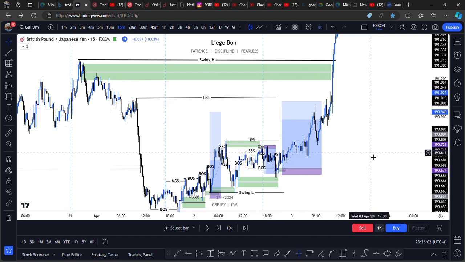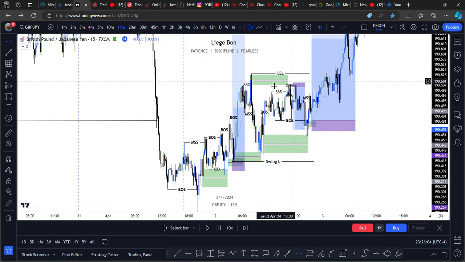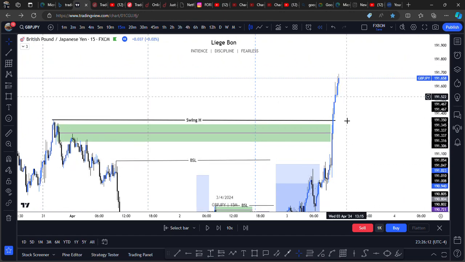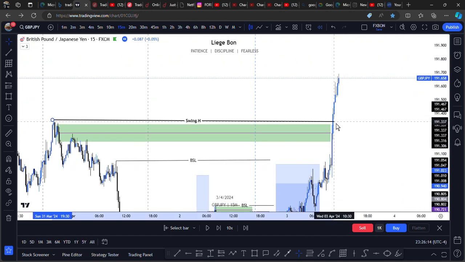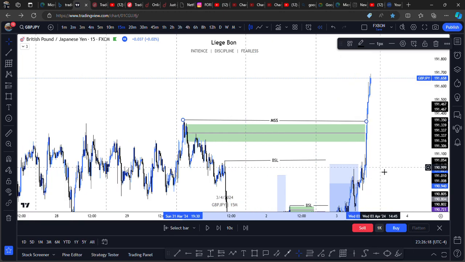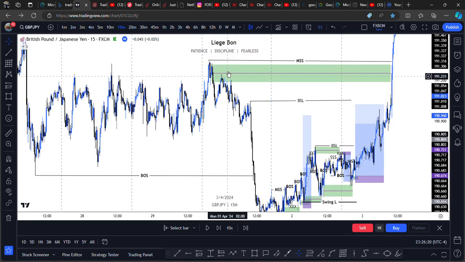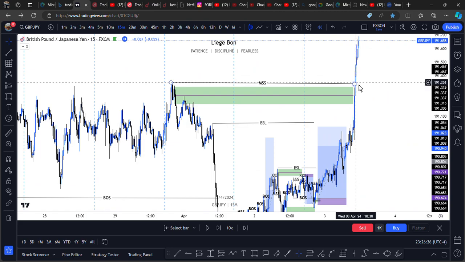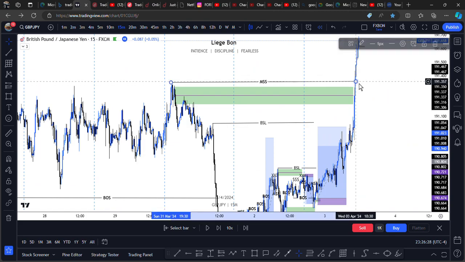You see what happened here, guys. You see all this drama that happened here. We needed that to happen here so it could be sellers. But guess what? The market just went through it, and at this point, this becomes a market shift because, guys, we had a break of structure. This was the high that was responsible for breaking the structure. Now that this high has been breached, we just have to repeat the same thing over and over again.